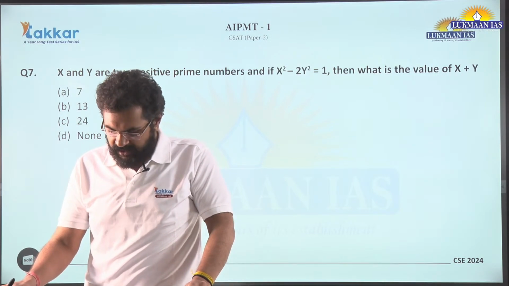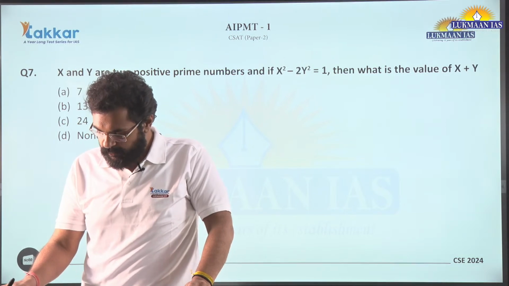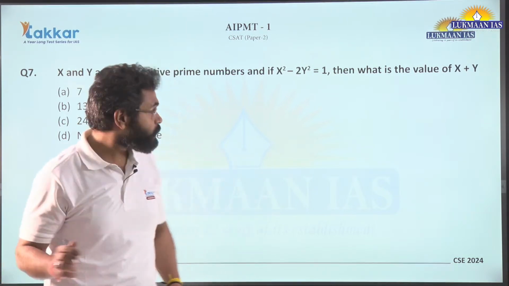X and y are two positive prime numbers, and if x square minus 2y square equal to 1, then what is the value of x plus y?